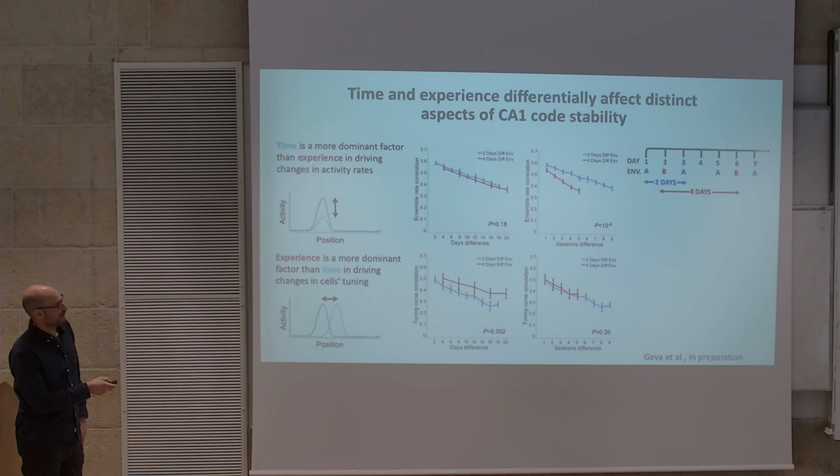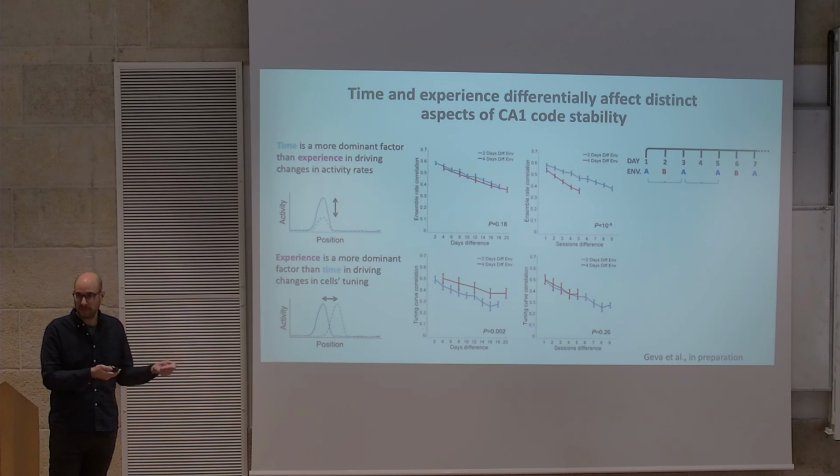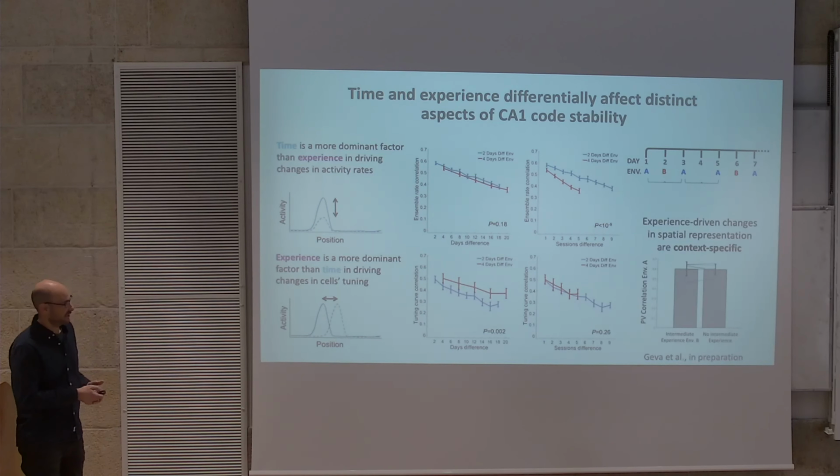So I'll go back so everyone can understand. Here in the timeline, you can see that there are two types of pairs of sessions in environment A, those without an intermediate experience in B and those with an intermediate experience in B. And you can ask whether this intermediate experience in another environment affected the rates of drift, and it didn't. So this suggests that experience-driven changes in spatial representation are context-specific.